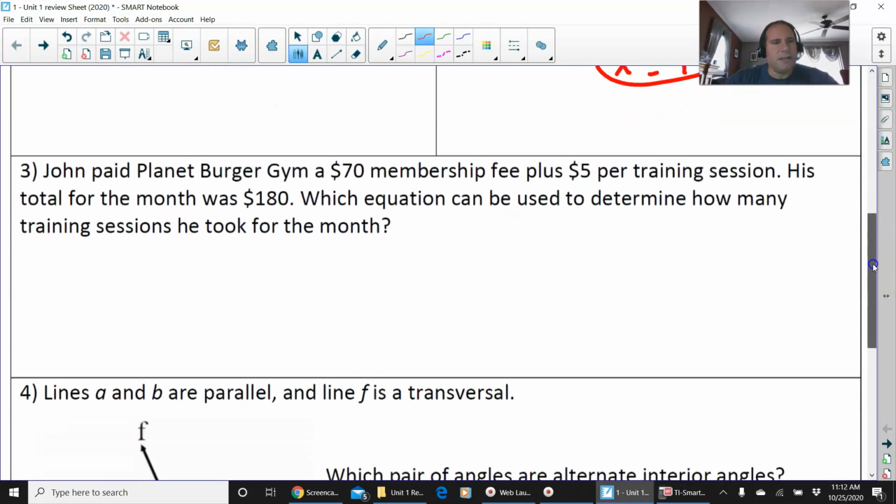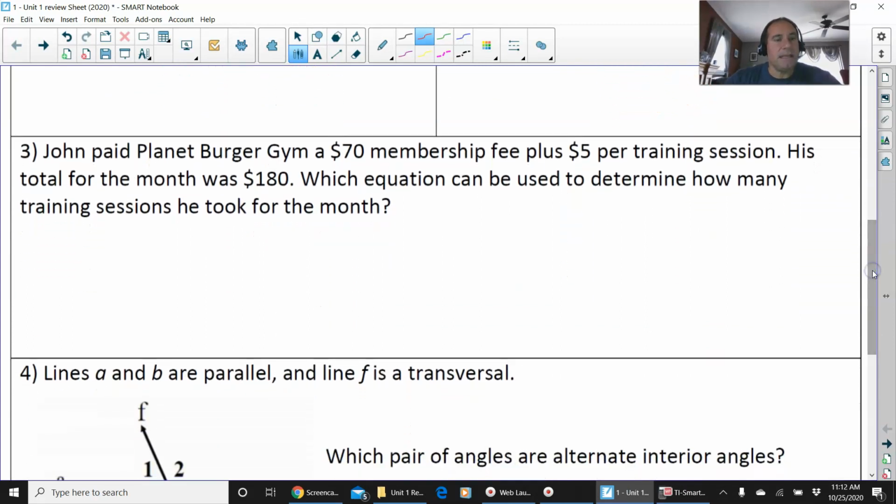So number 3, John paid Planet Burger Gym a $70 membership fee plus $5 per training session. His total for the month was $180.